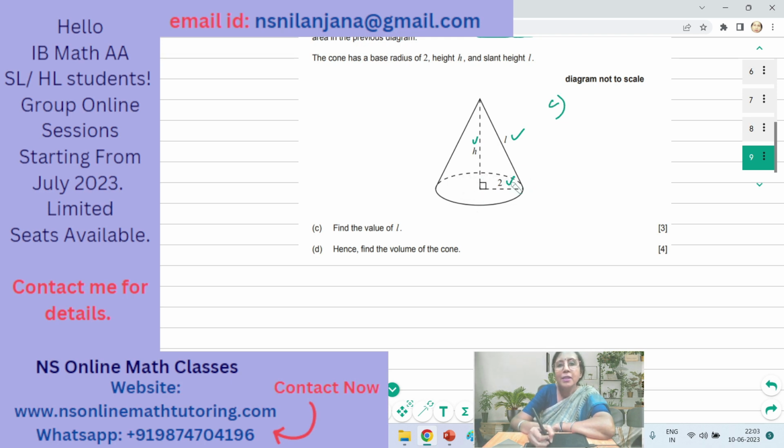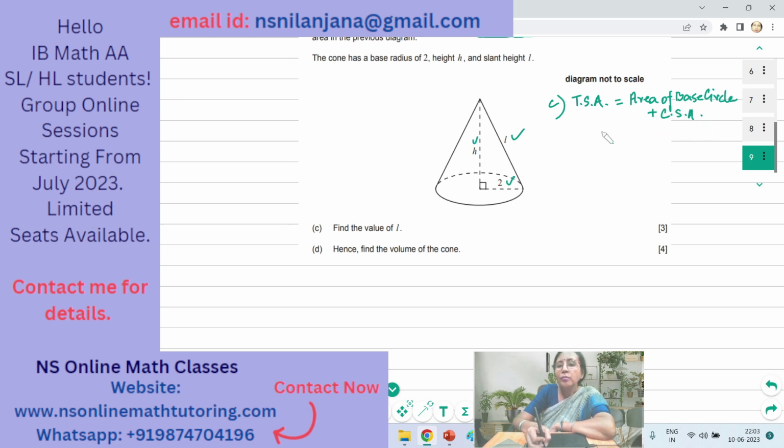It will be the surface area of the base circle plus the curved surface area.